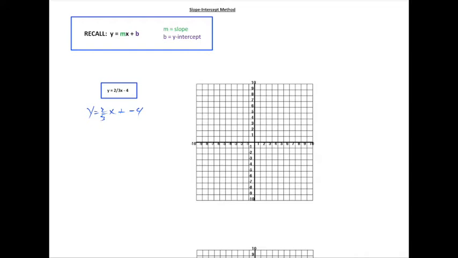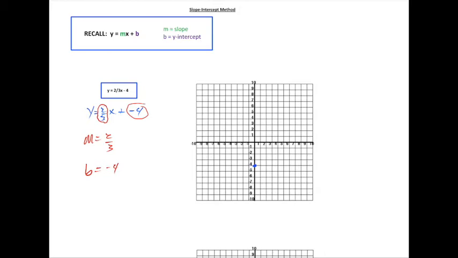So in this case, our m is 2/3 and our b is negative 4. So we can go over to our graph and our y-intercept is at negative 4. And then we're going to go up 2 over 3.